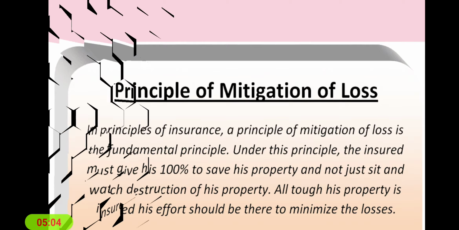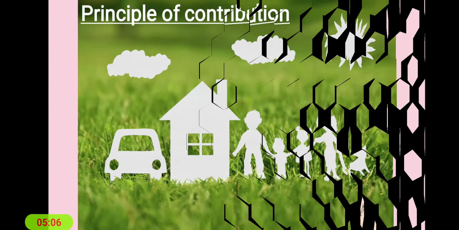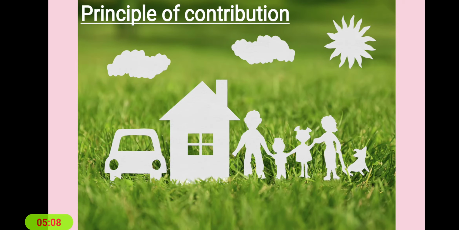Alright. So the next principle is the principle of contribution. This principle is applied when the insured person has taken insurance of the same subject matter with two different insurance companies or with the same company under two different policies.